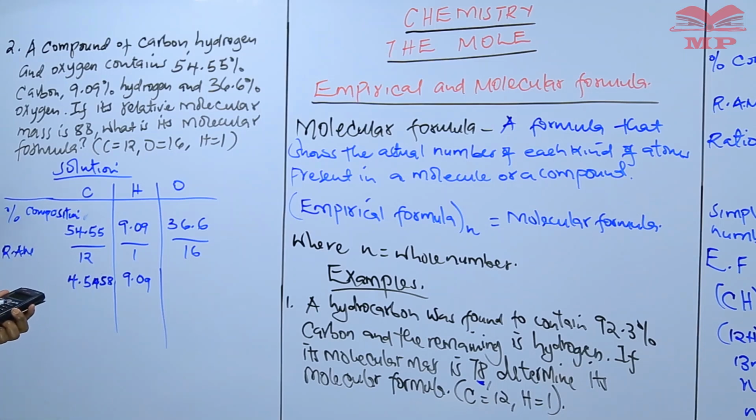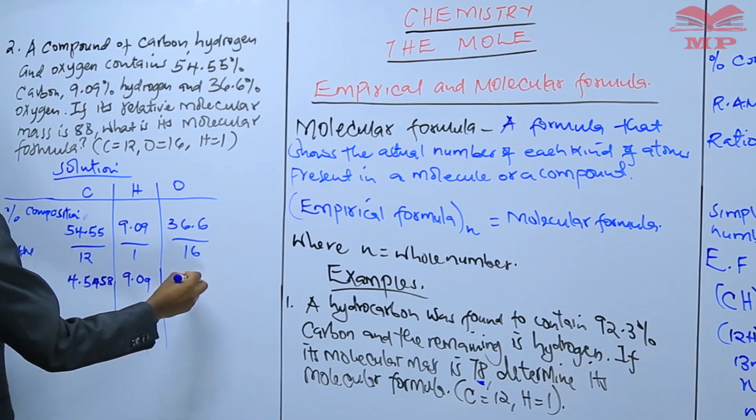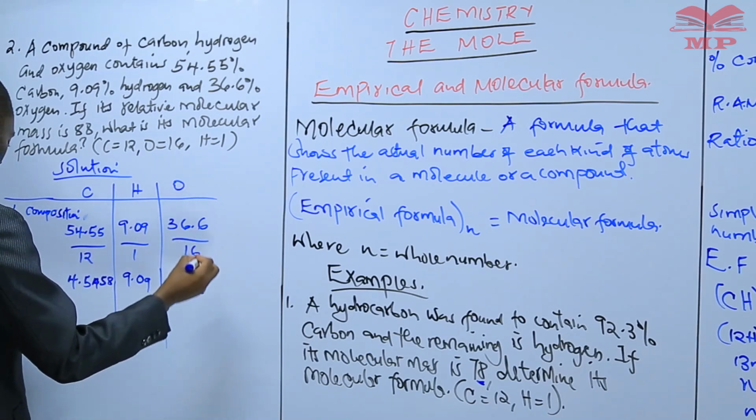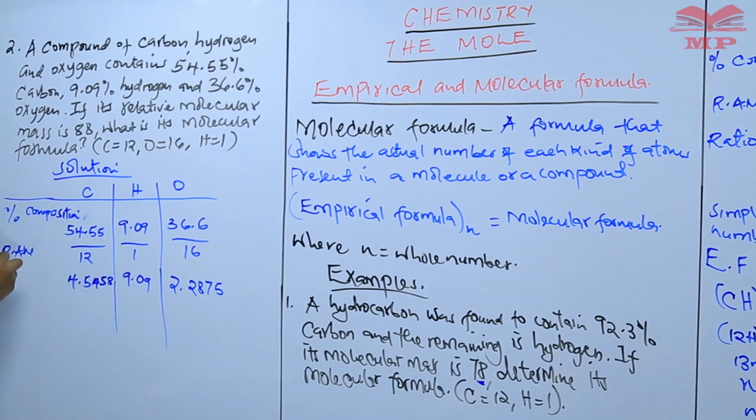Oxygen, 36.6 divided by 16, gives you 2.2875. This is the ratio in which those elements are combining in that compound.